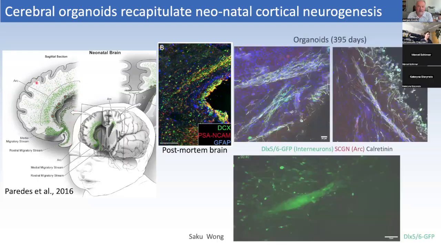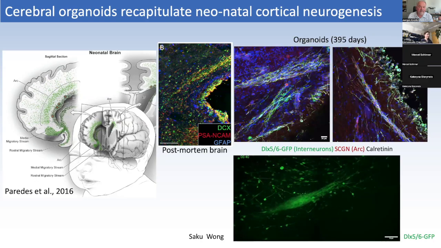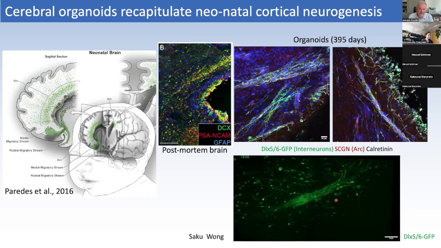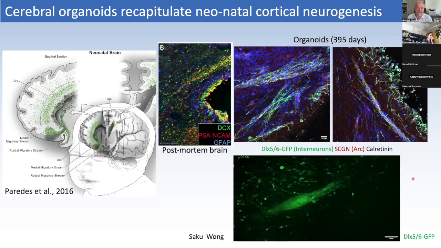And Saku Wong in my lab was able to recapitulate this process by growing organoids for 400 days. She can even do live imaging of this very interesting process. I've shown you before how embryonic interneurons migrate, and you will probably see that these interneurons migrate in a very, very different way. There are clusters of these interneurons that glue together and migrate into the cortex.